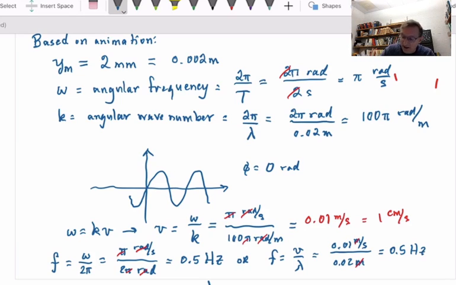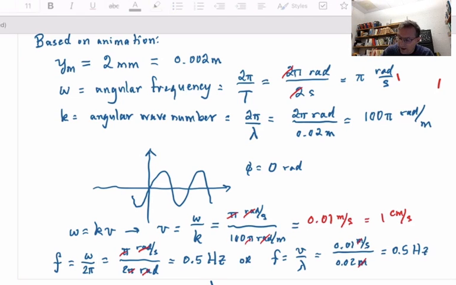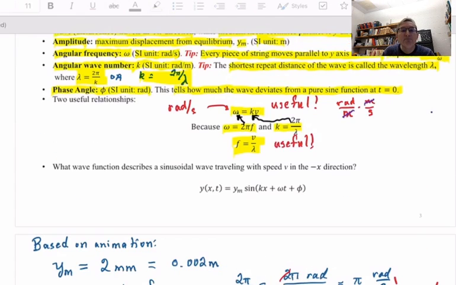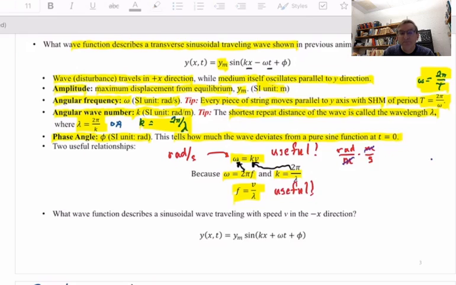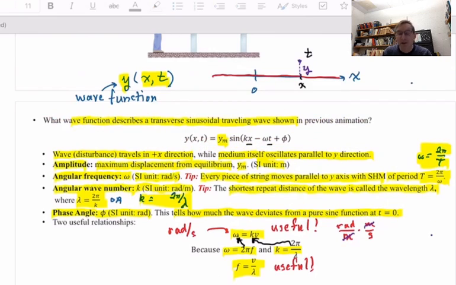Okay, so we're just studying this sinusoidal wave up above. Please note, this wave function described the wave in our animation. That wave was traveling in the plus x direction. That's a very important point.